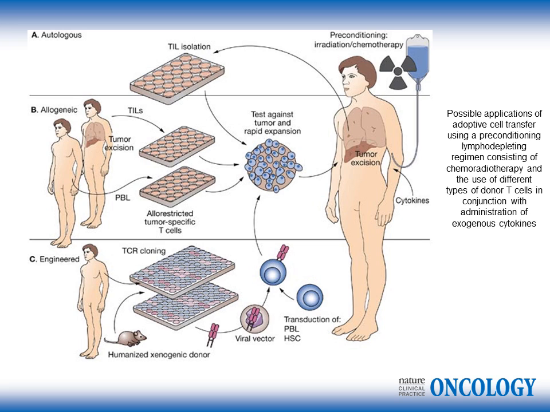Or we can take a tumor out of that person and replace it with cells from another donor, which we call allogenic donors, like a bone marrow transplant. Or we can take cells from the patient, which we call T-cell cloning, and then set up a system whereby we can infect those cells with a virus.